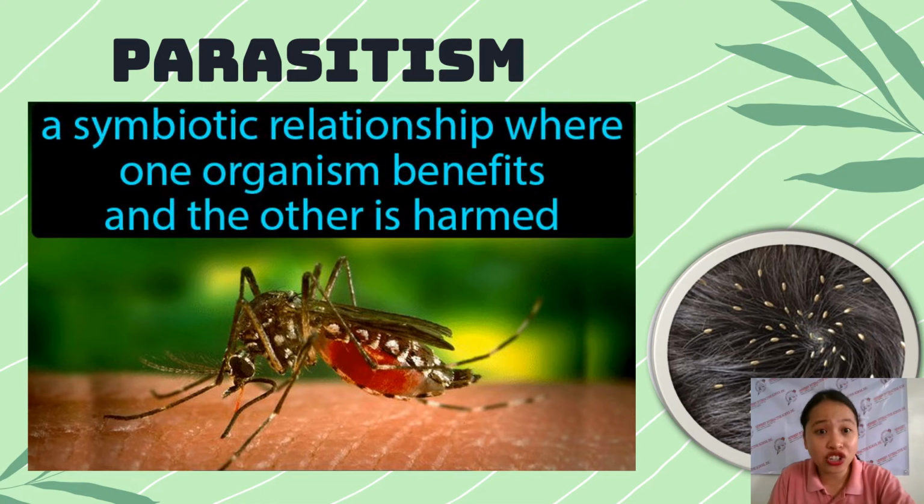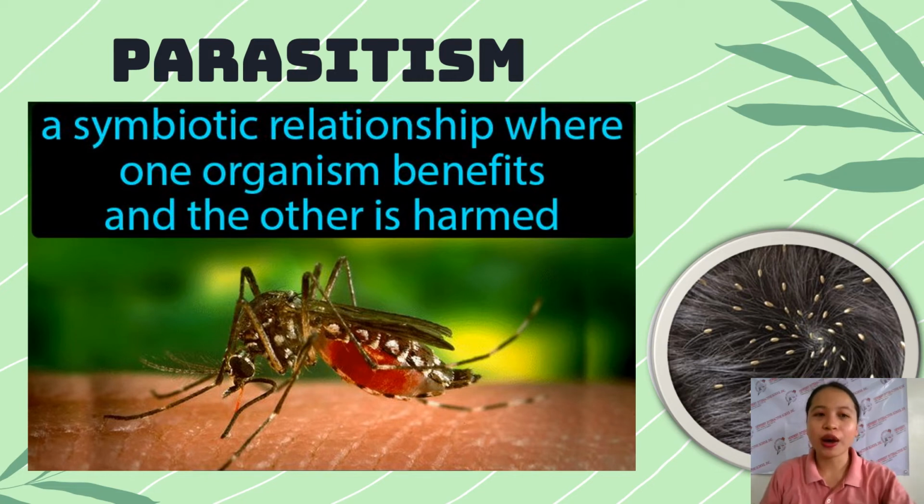So in this relationship, the organism that benefits is the lice. It is called a parasite, while the organism that is harmed is the host. So meaning, if you have lice in your head, the lice get the benefit, that is the parasite, while us, the humans, who are being harmed, that is what we call the host.